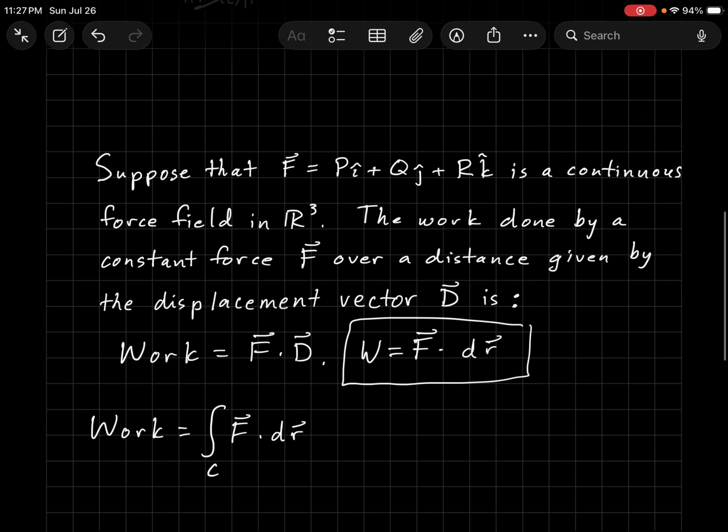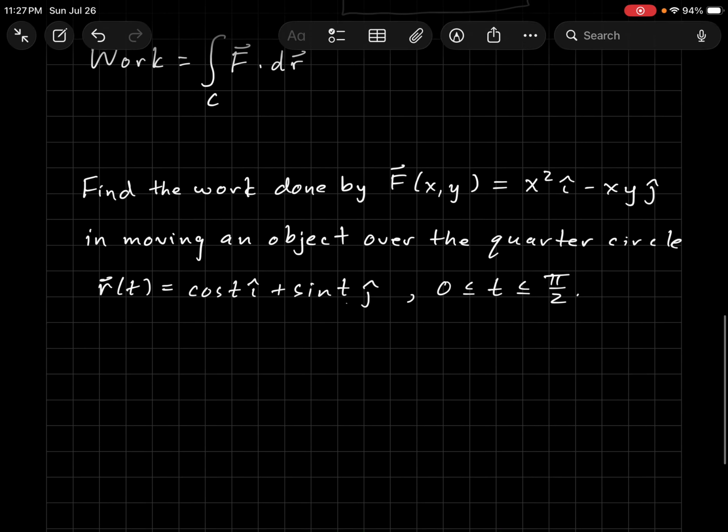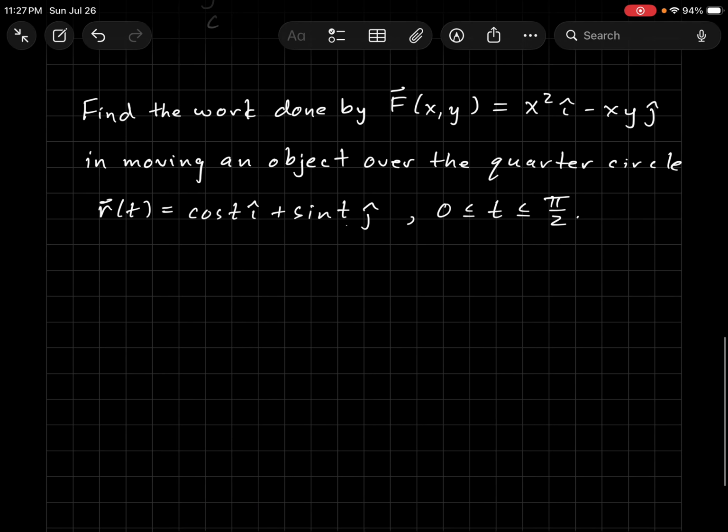Now, let's look at an example. Let's find the work done, and we'll do this in the plane to start, of our force field F equals x squared i minus xy j. And we want to move an object over the quarter circle parameterized by r equals cosine t i plus sine t j, where t is between 0 and pi over 2.